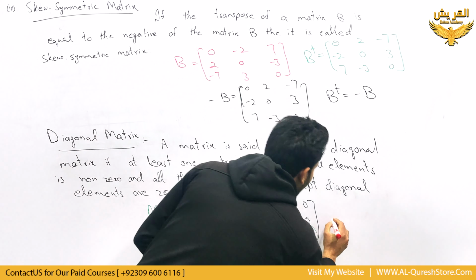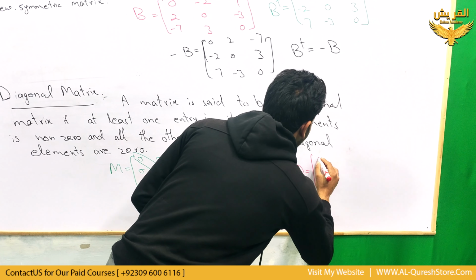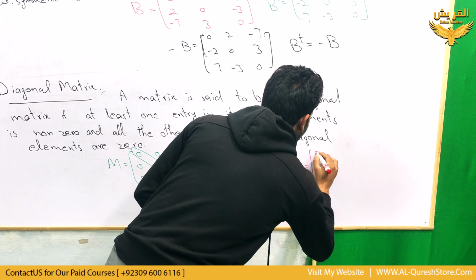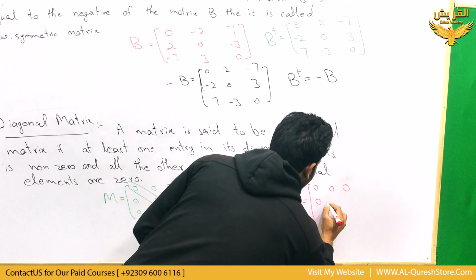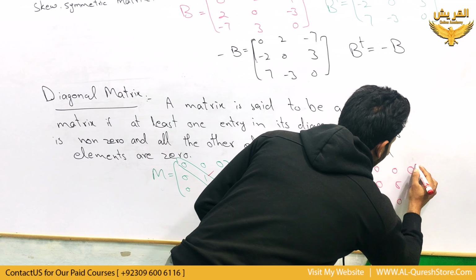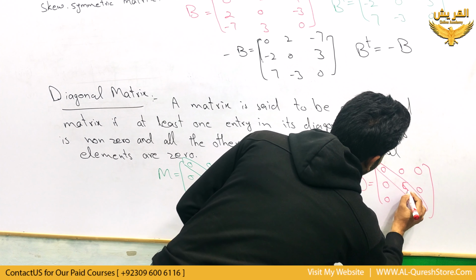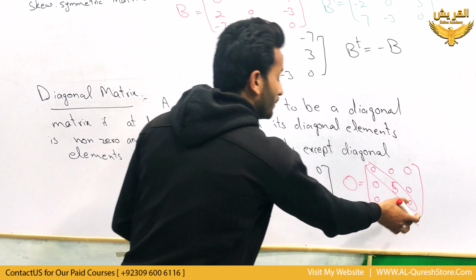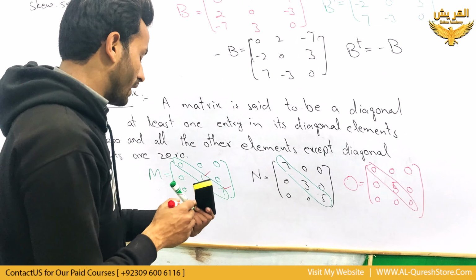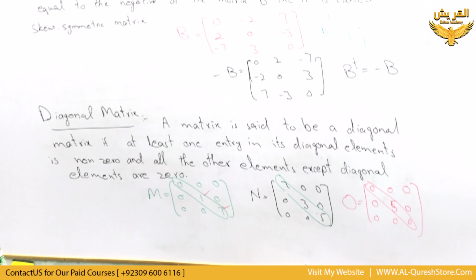For example, see the next one. O is equal to 0, 0, 0, 0, 5, 0, 0, 0 and 0. So only one element in its diagonal, 5, is non-zero. All the other elements except this element are 0. So this is also a diagonal matrix.